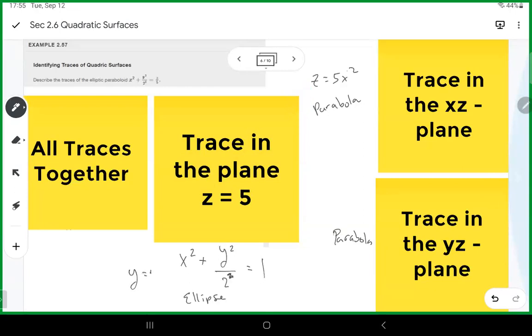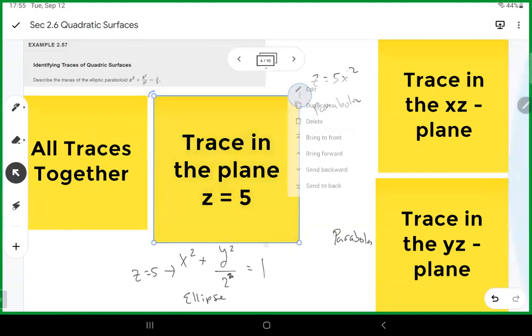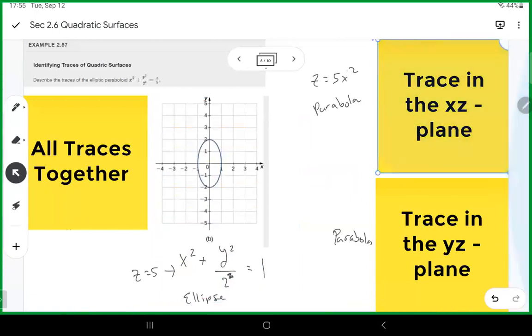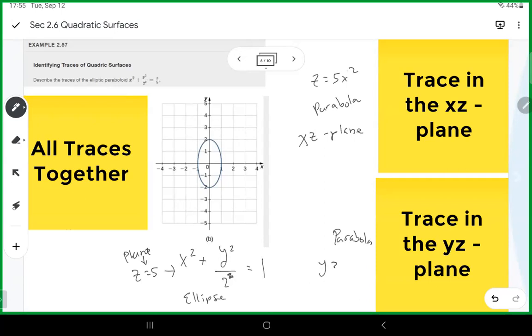Z equals 5. I think that's the only thing we needed for that. The xz plane and the yz plane.